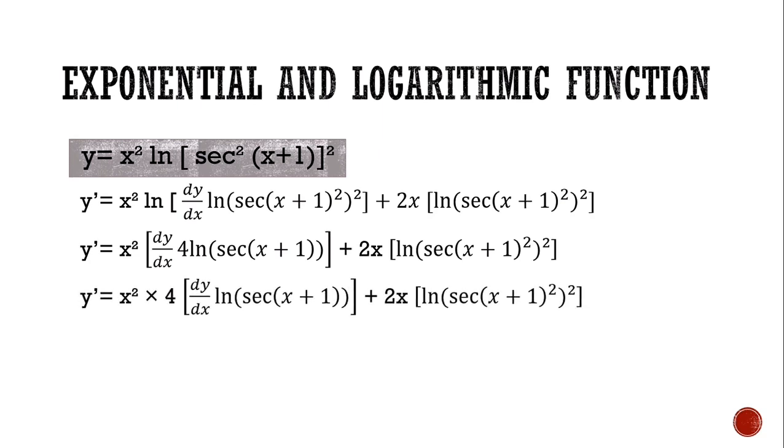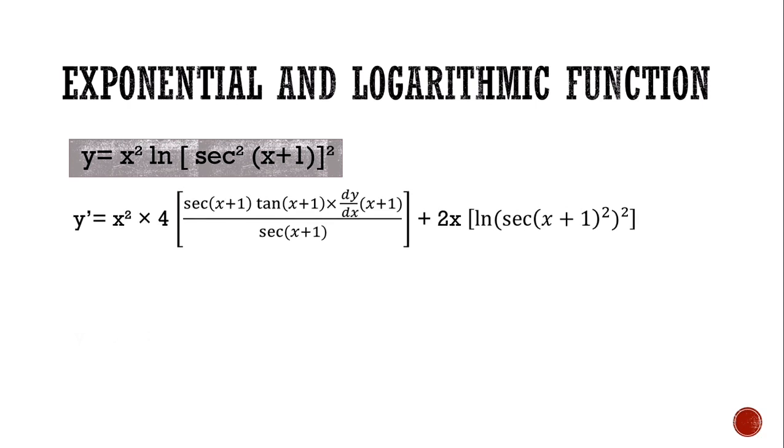Y prime equals x squared times 4, derivative of y over derivative of x, natural logarithm secant quantity x plus 1 plus 2x natural logarithm secant quantity x plus 1 squared. The derivative of secant is secant u tangent u times u prime.